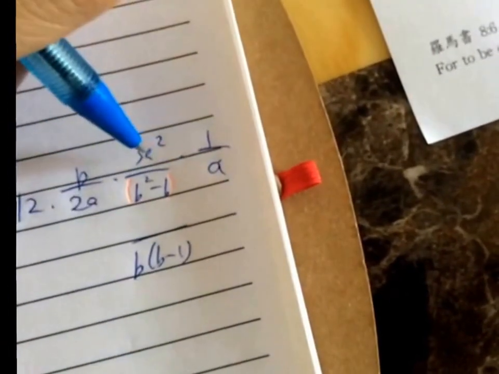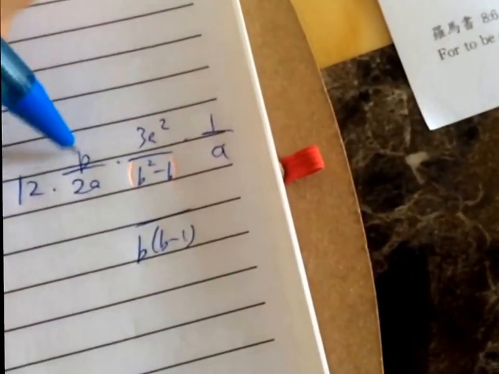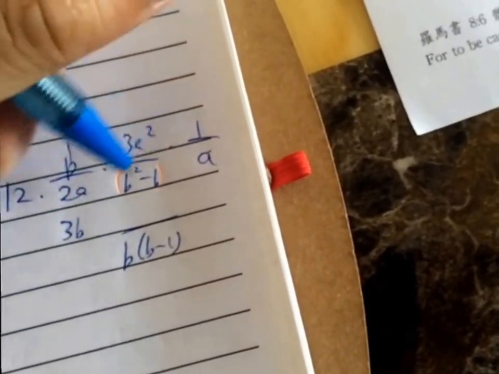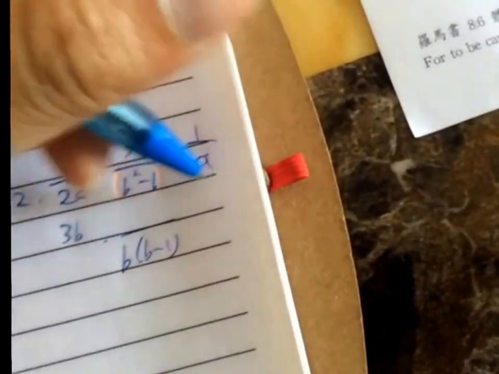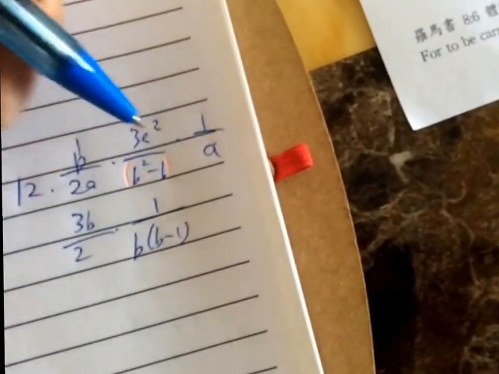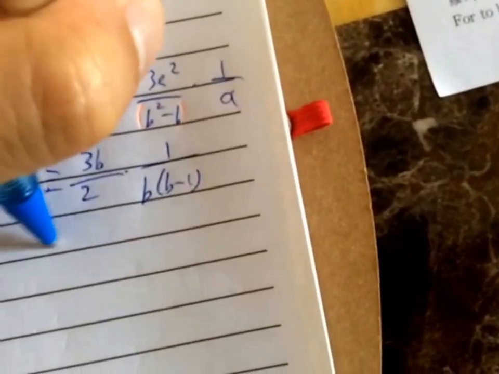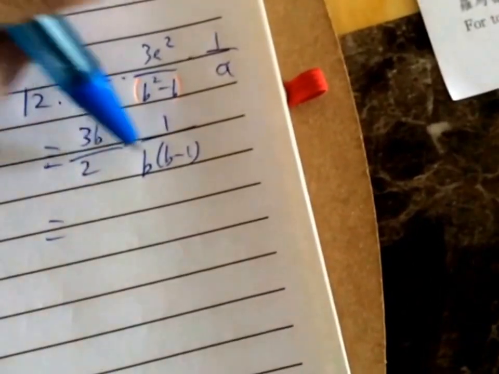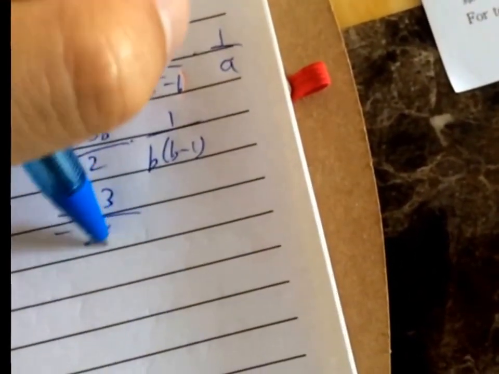This a squared, and all cancelled and become no a. This 3b, and then this a cancelled, this 2, this a and this a cancel out. So it will be this. And this b and b cancel out, and it will be this.